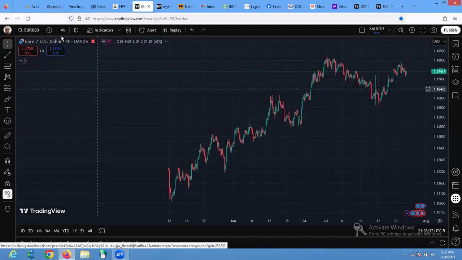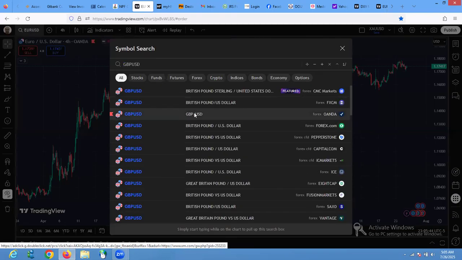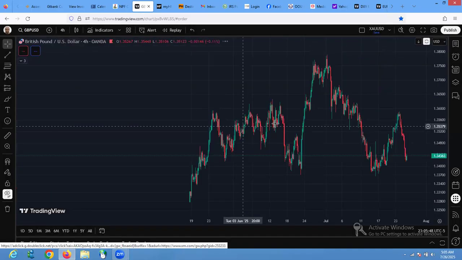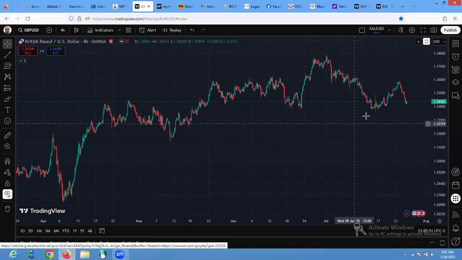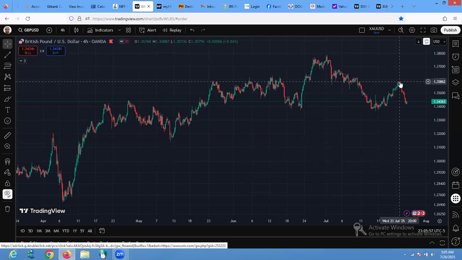Pound USD looks like it has topped already. This looks very corrective.